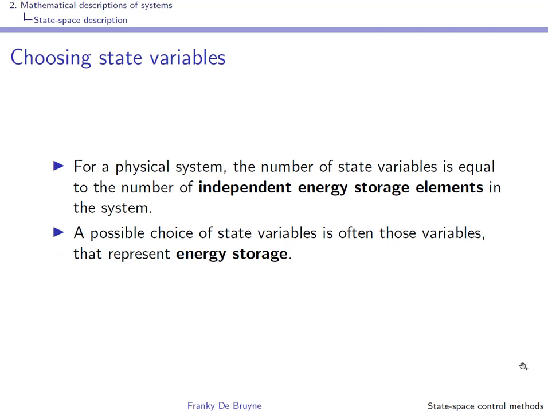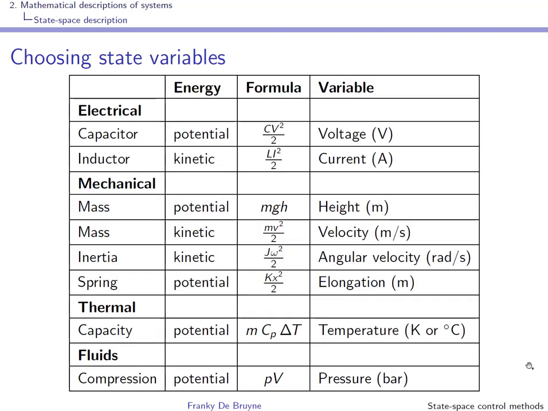For a physical system, the number of state variables is equal to the number of independent energy storage elements in the system. So a possible choice of the state variables is to choose the variables that represent energy storage. In the following table you can find variables that can serve as state variables.